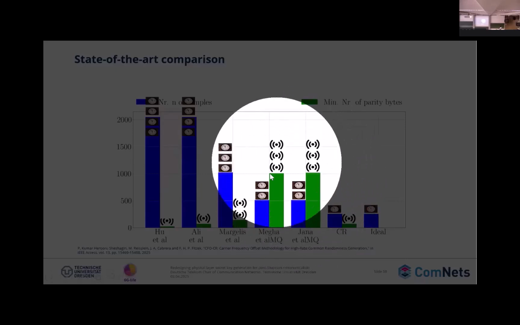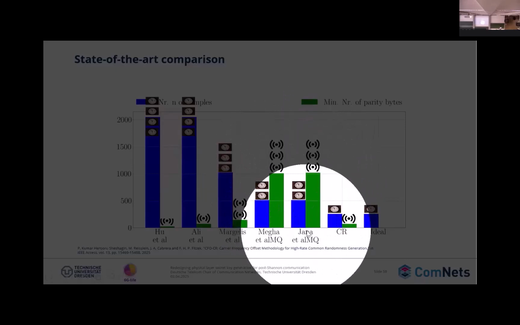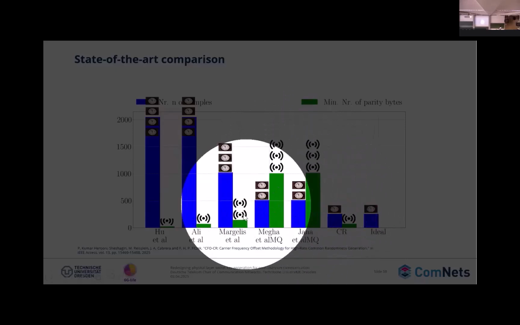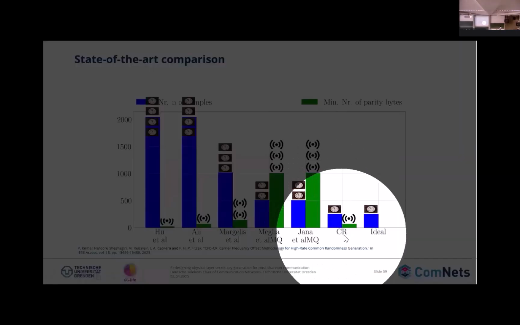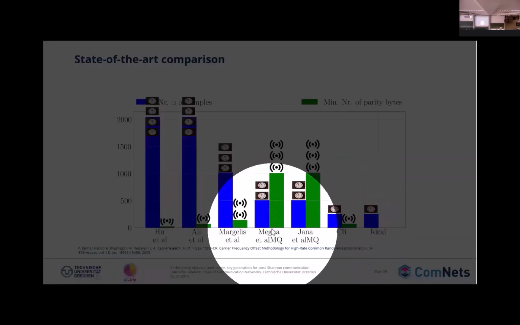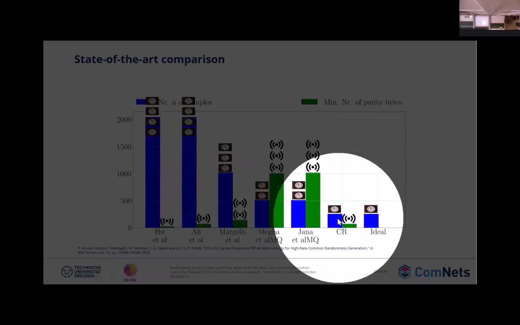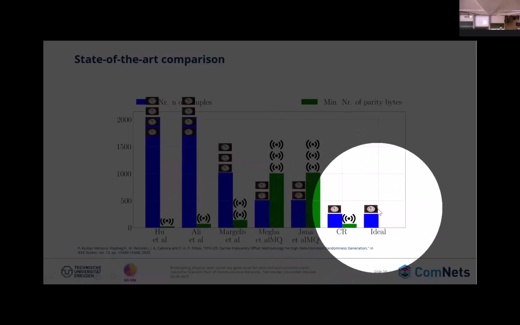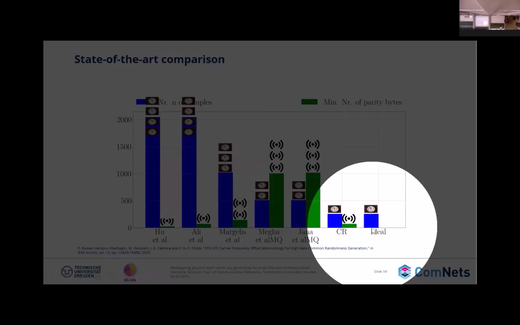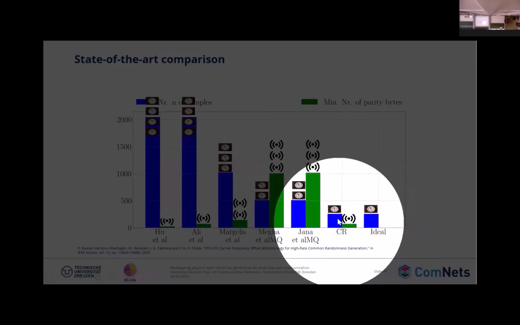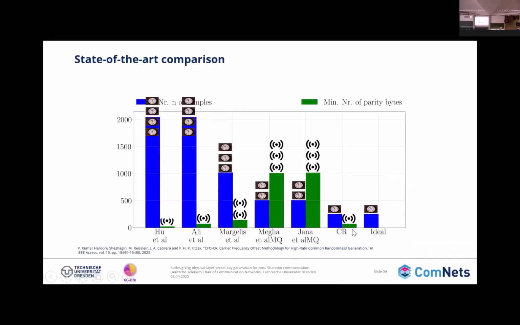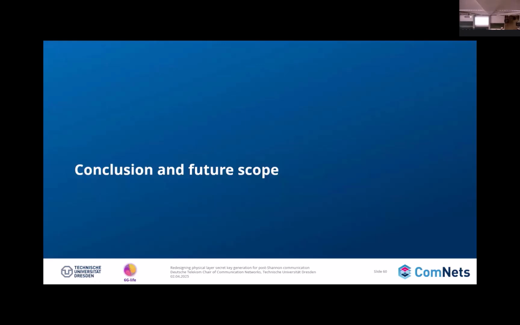That is, they needed more bits to correct the errors at the terminals. Our scheme, on the other hand, because we used the filters and higher quantization order, reflected much closer to the ideal state where we needed fewer observations and lower reconciliation cost. So this is good news.